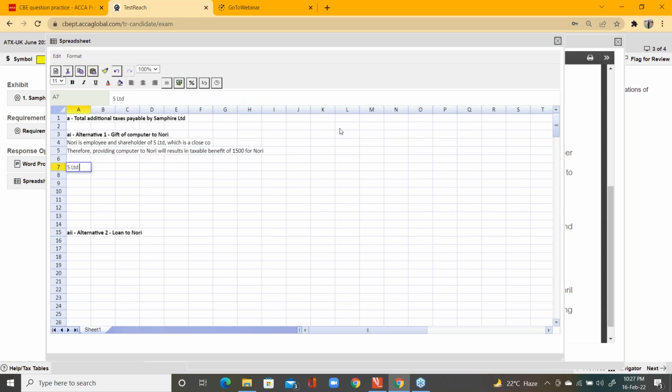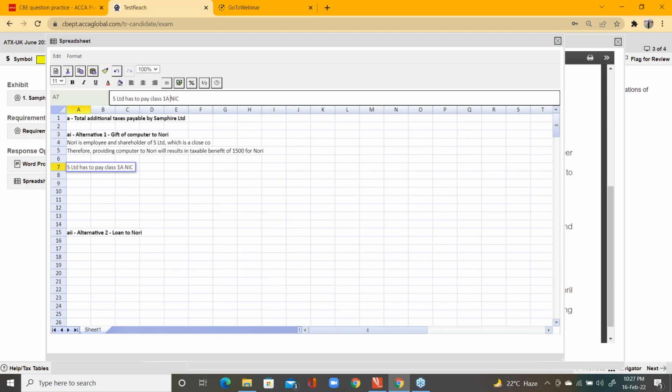Now let's talk about the company. S Limited has to pay class 1A NIC, which is payable on the benefits provided to the employee, and the NIC liability is simply 207.